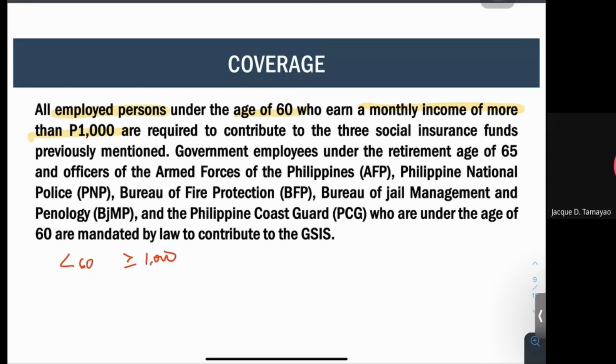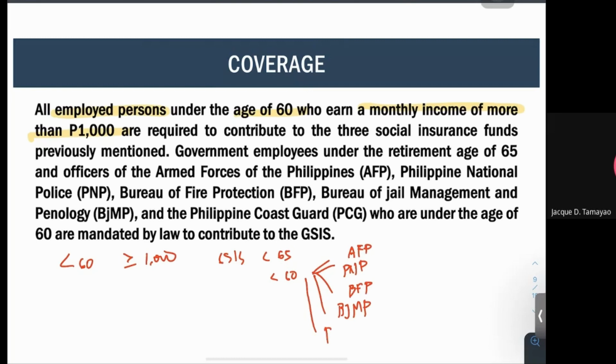So take note, for GSIS, those mandated to contribute are below 65, and below 60 if you are from the following: AFP, PNP, BFP, BJMP, and PCG. Okay? So those are covered under SSS, PhilHealth, Pag-ibig, and GSIS.